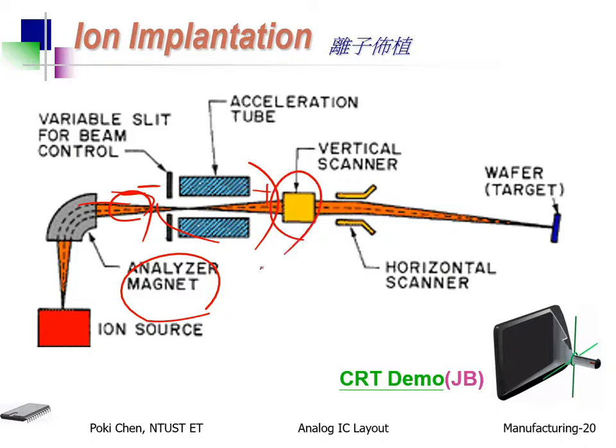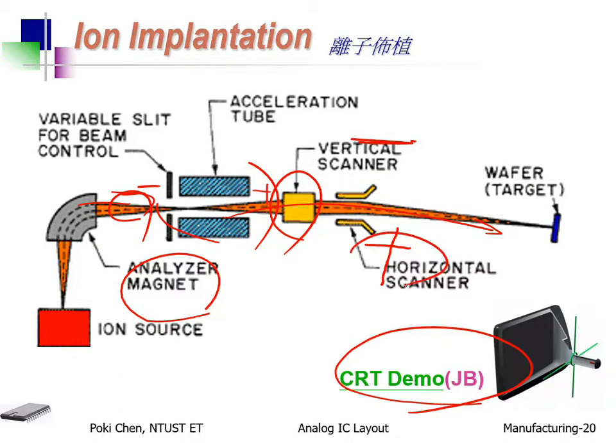And then we have, just like a CRT, a vertical parallel plate and a horizontal parallel plate. So if you have positive here, negative there, then the charged particles will be redirected according to the parallel plates. The same thing applies to top and side.